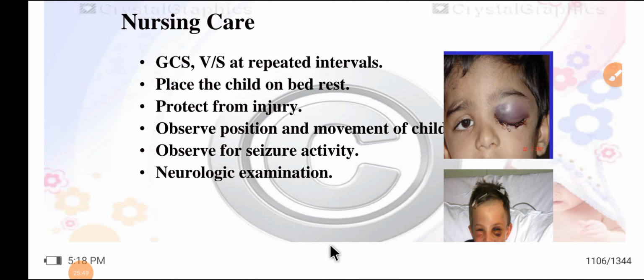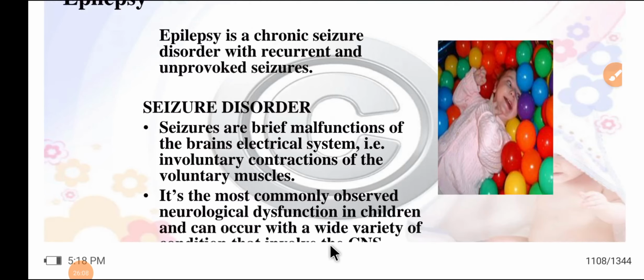Nursing care: GCS, VS at repeated intervals, place the child on bed rest, protect from injury, observe position and movement of child, observe for seizure activity, neurologic examination. Epilepsy: epilepsy is a chronic seizure disorder with recurrent and unprovoked seizures.